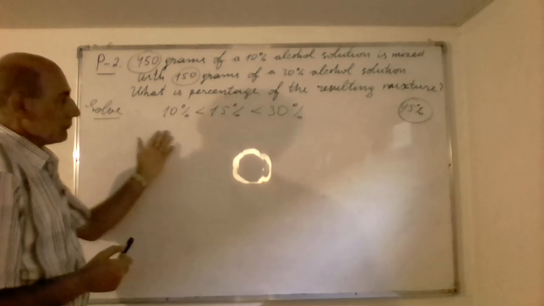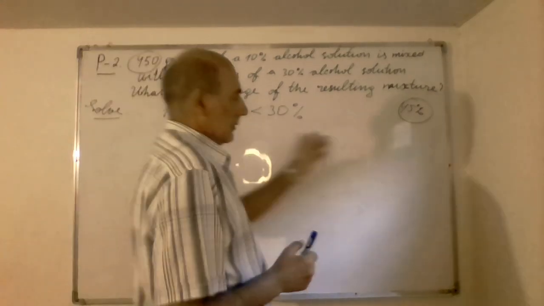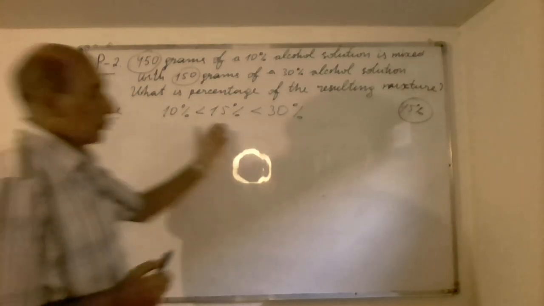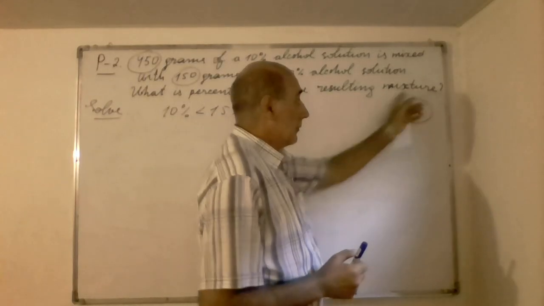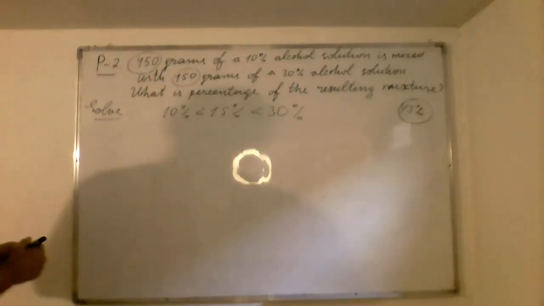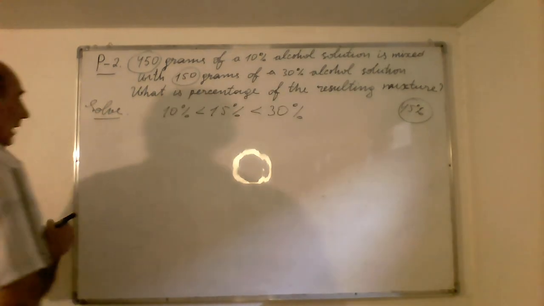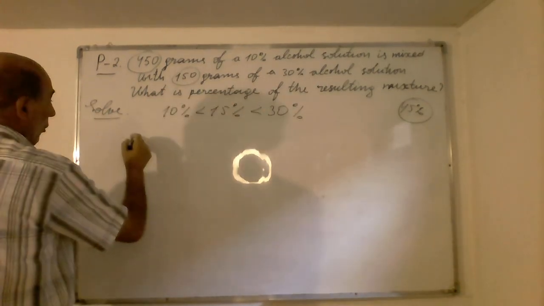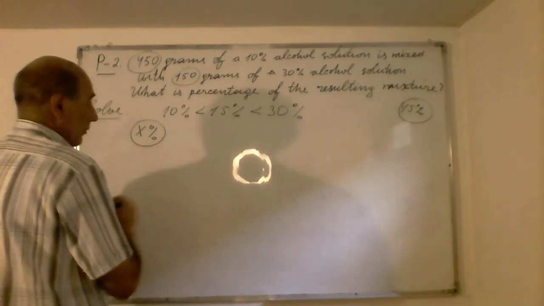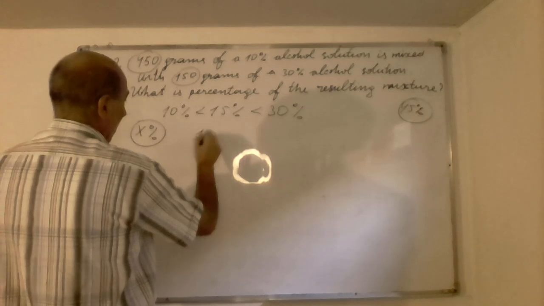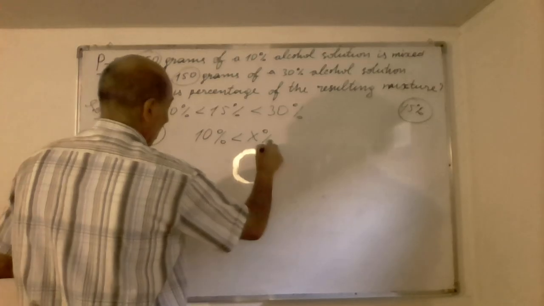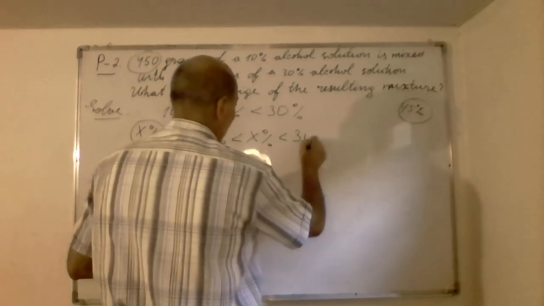And the problem requires us to find the concentration. Let's assume that the solution has a concentration of X%, which must satisfy the condition 10% less than X% less than 30%.